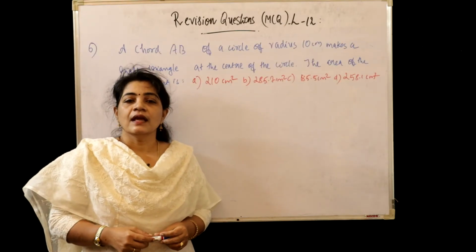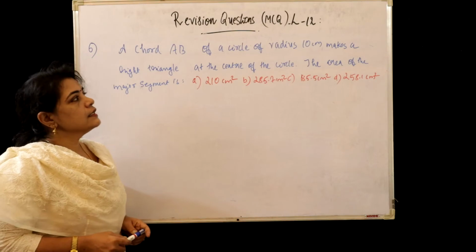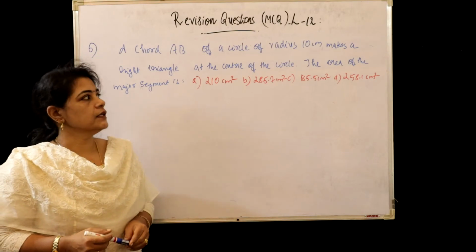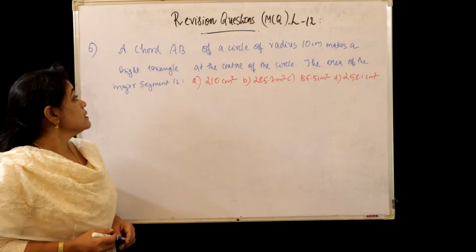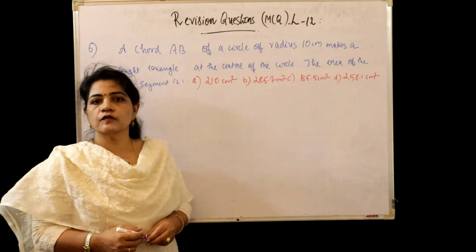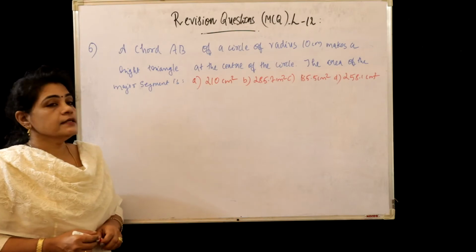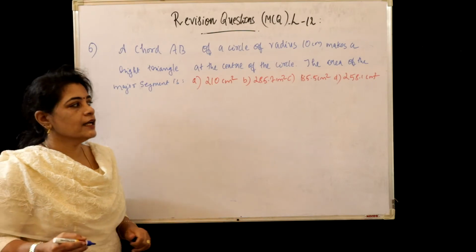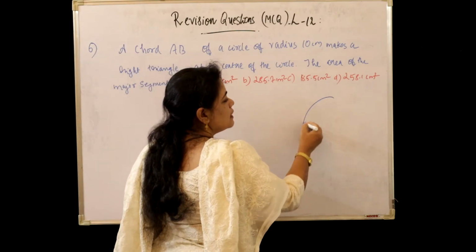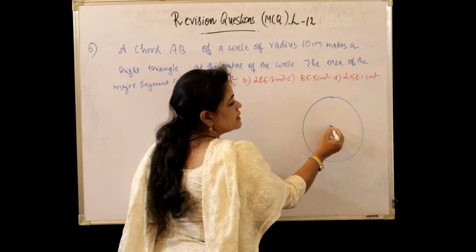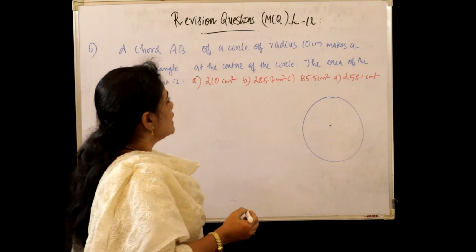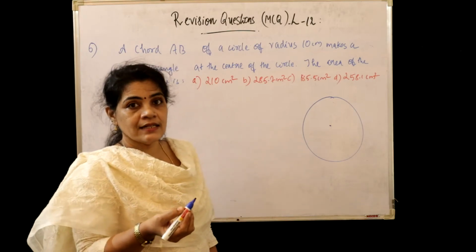Next problem: a chord AB of a circle of radius 10 centimeter makes a right angle at the center of the circle. Find the area of the major segment. That means we have a circle with center O, and the radius is 10 centimeter.